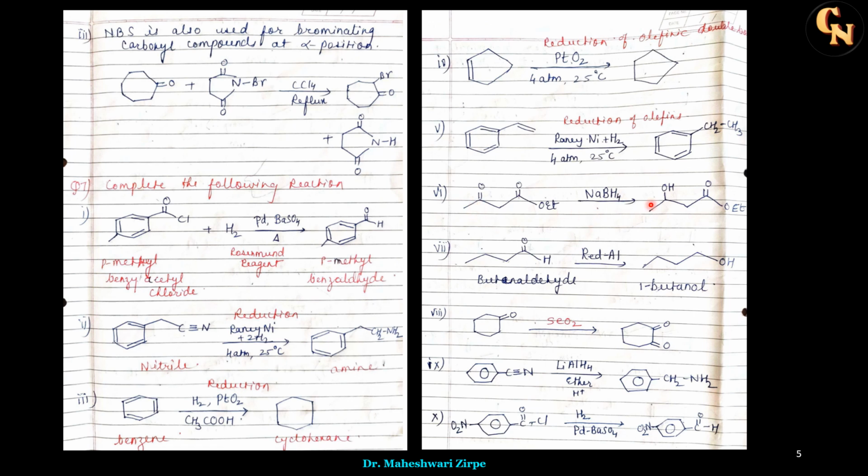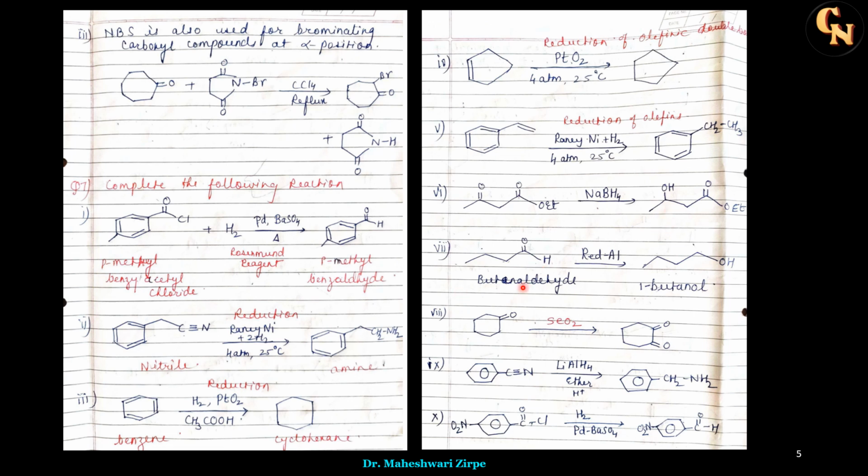So here the keto group has been reduced to a hydroxyl group, that is the double bond C=O has been reduced to a single bond, and one hydrogen will be taken by carbon and one hydrogen will be taken by oxygen. So here the keto has been converted into an alcohol group.